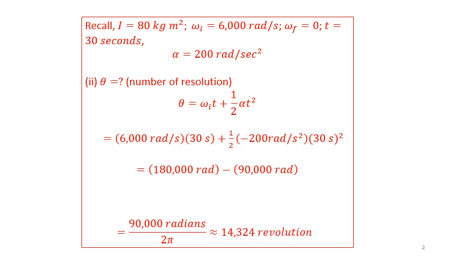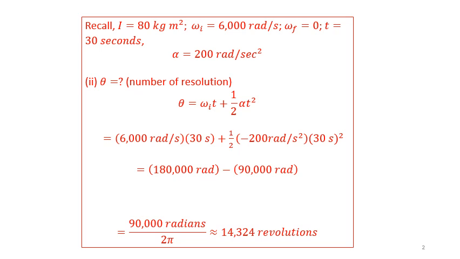Omega initial is 6,000 radians per second, your t is 30 seconds, your alpha is minus 200 radians per second squared, and your t again is 30 seconds, then squared. So 6,000 times 30, that's 180,000, then 200 times 30 squared divided by 2. Okay, 30 seconds squared means 900 seconds squared.